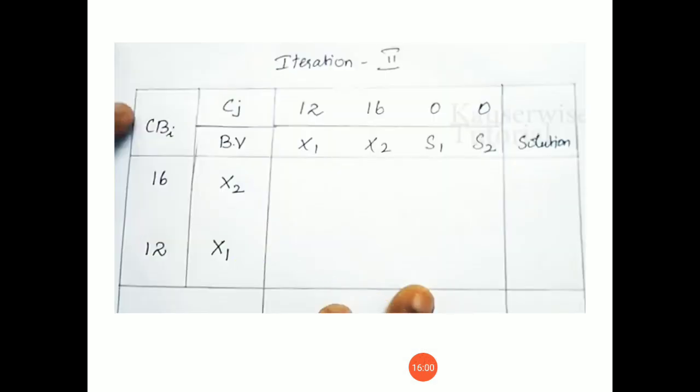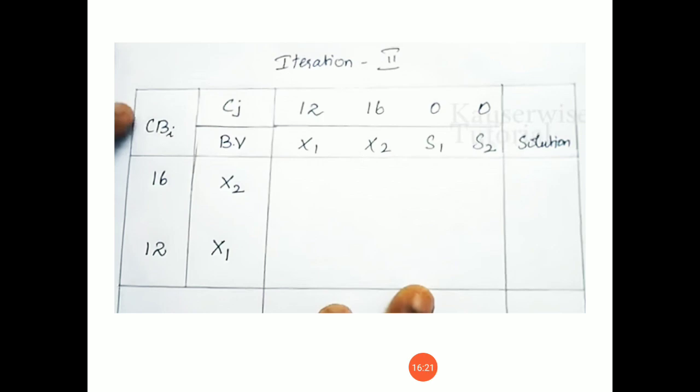Sorry, it is in the x1 row, not x2. So the elements in the x1 row are filled using the formula old value divided by key element.